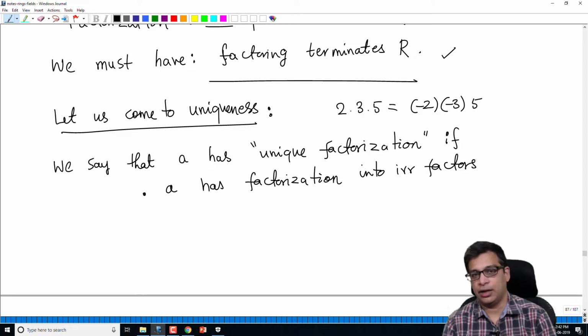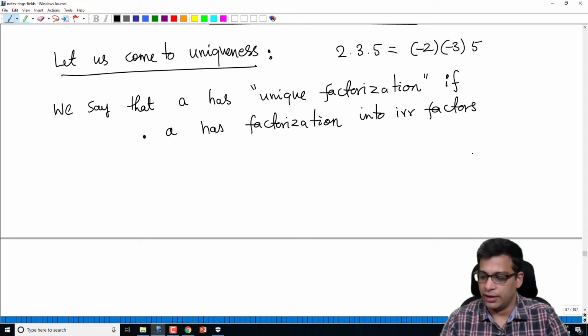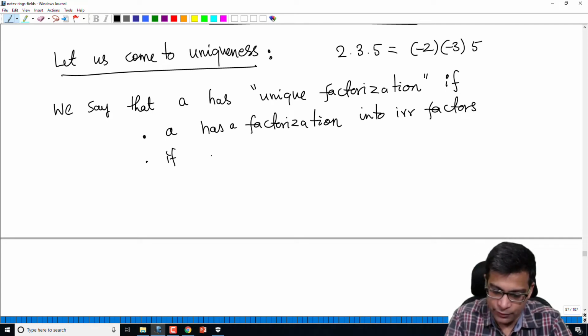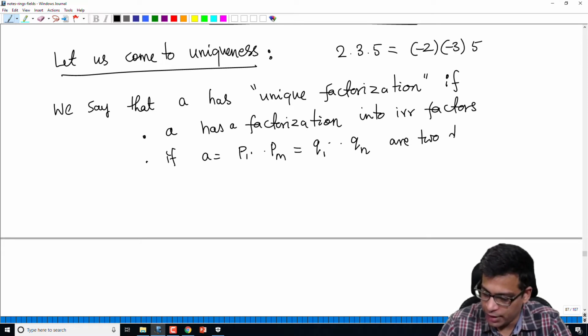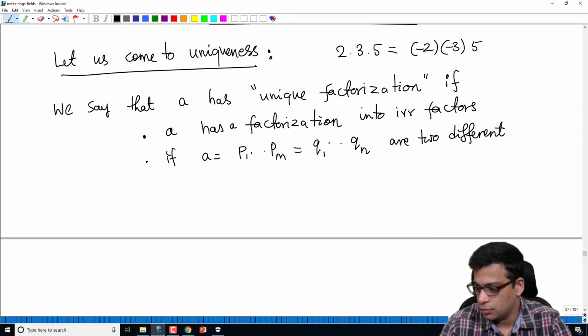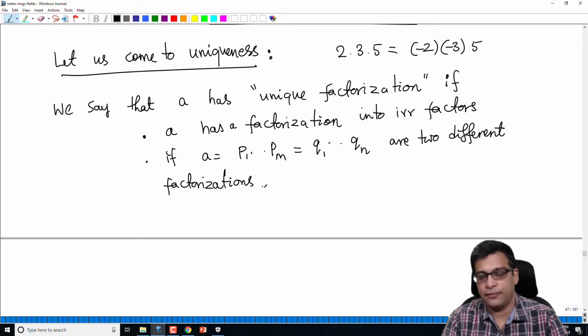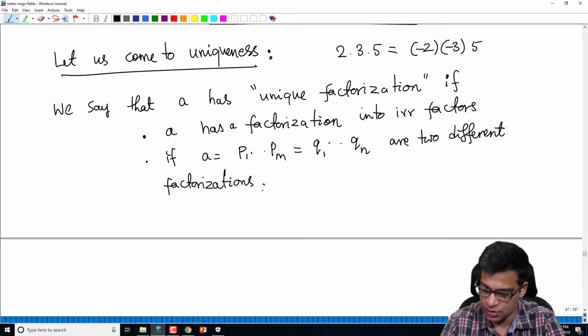Otherwise, if there is no factorization, there is no point talking about uniqueness of factorization. So first of all, it has a factorization, and if we have two different factorizations, P1 through Pm equal to Q1 through Qn. Whenever I say factorization, I mean factorization into irreducible factors. That means P1 through Pm, Q1 through Qn are all irreducible elements.